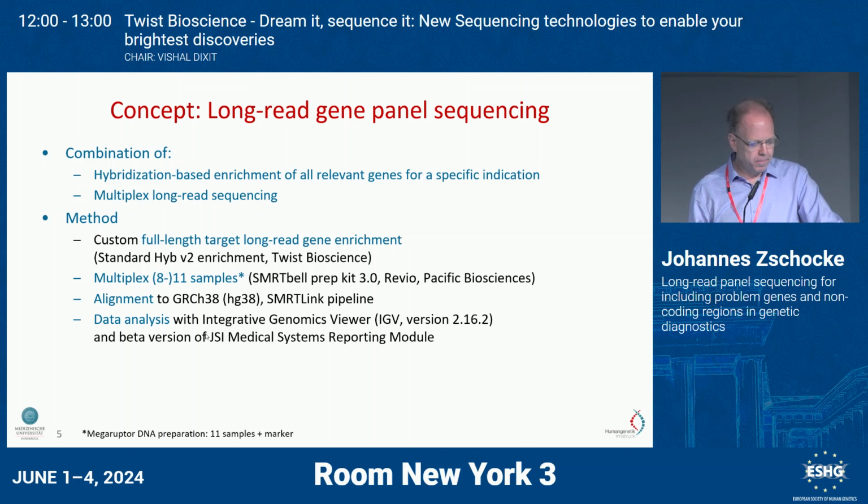We currently use 8 samples for one run because that's easy with the Megaraptor, but I will show you it's a very good coverage, so you could easily do more than 20, I would say, per SMRT Cell, which reduces costs dramatically. We use the PacBio SMRT Link pipeline and use both IGV and the beta version of JSI for the data analysis.